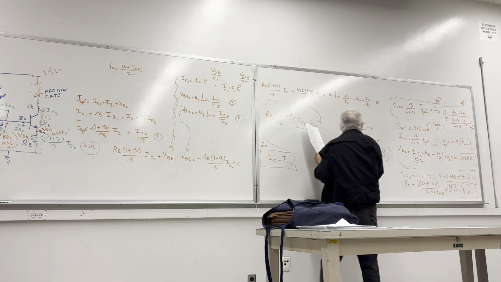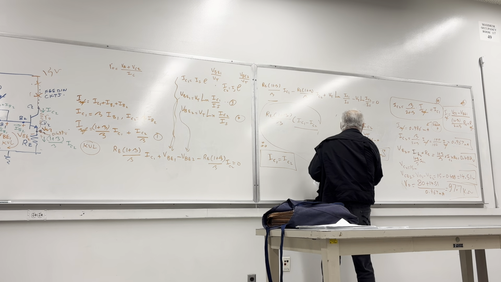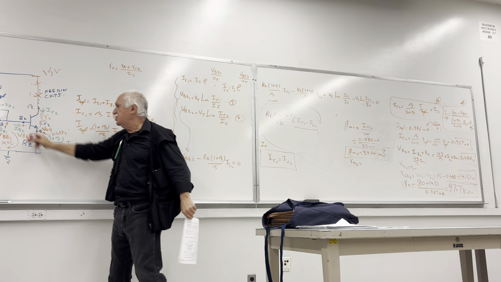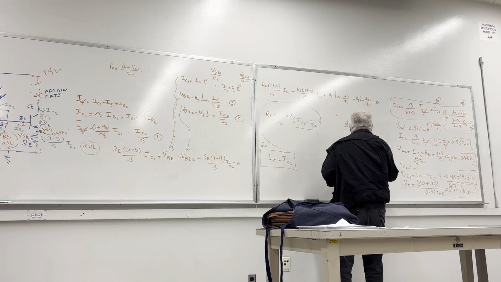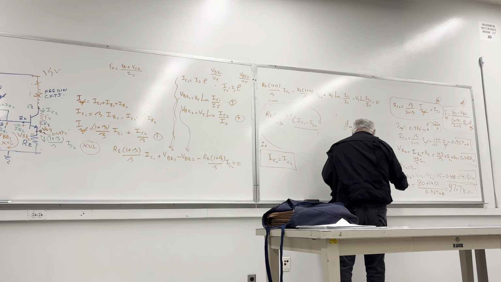Is that the GM of 2? Rπ of 2, the rπ of that transistor, this part of the circuit, is equal to β over GM2, which is equal to 2.54 kilo ohm. There.